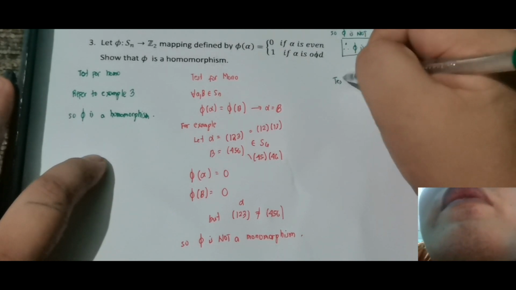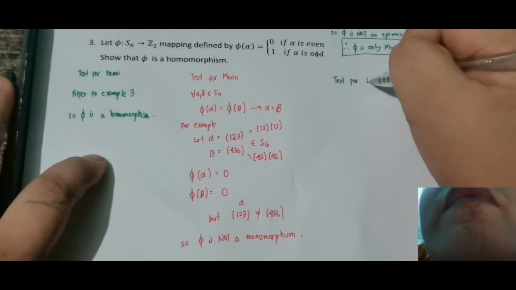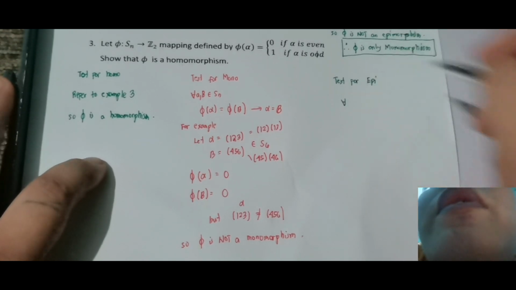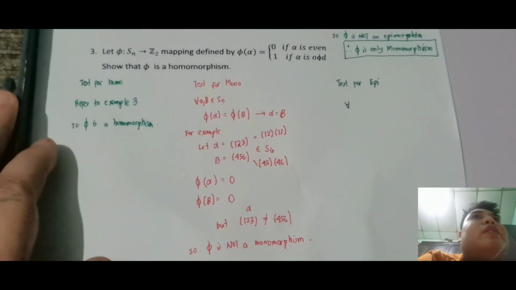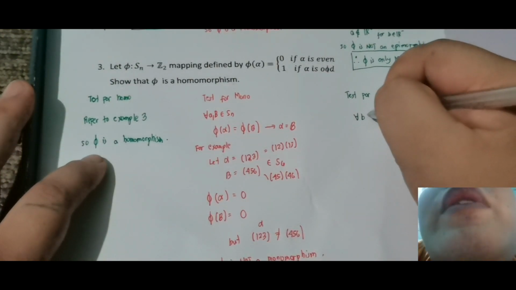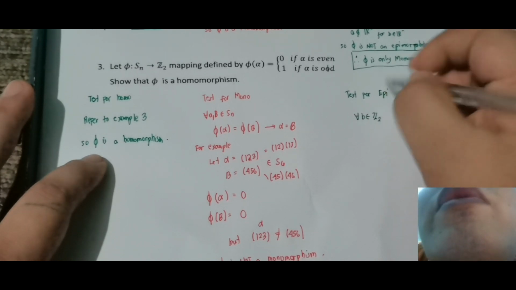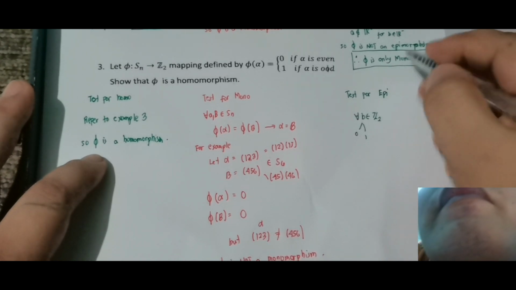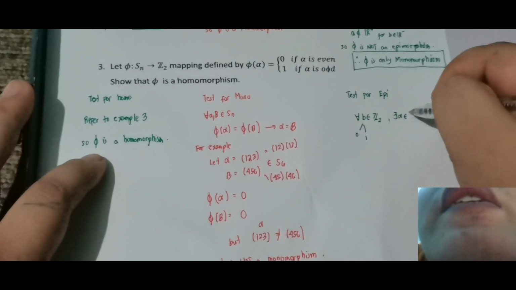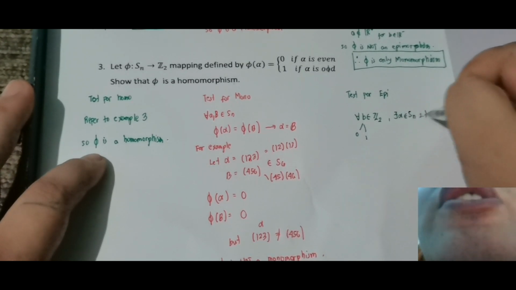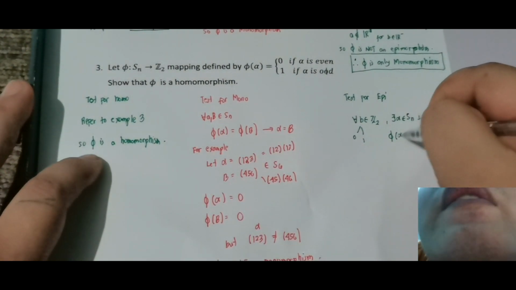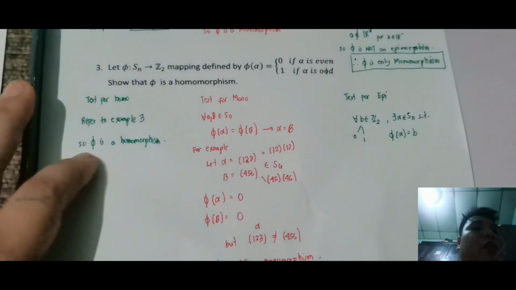Test for epi. So for all B element ng C sub 2, so yung B na yan can be 0 or 1. There exists alpha element ng S sub n such that yung P of alpha is just equal to B, which is that 0 or 1.